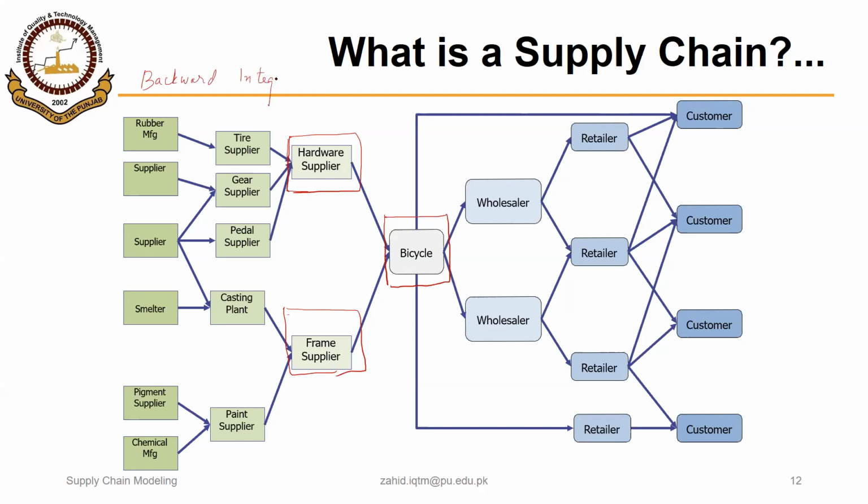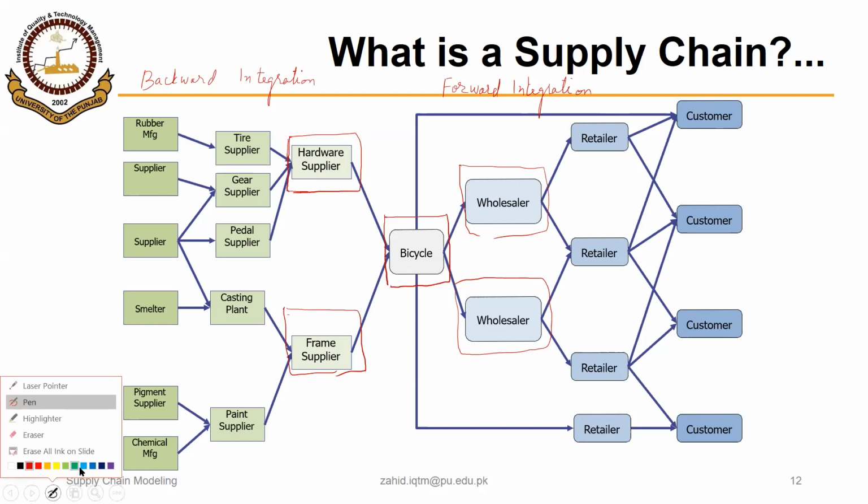And if the reverse happens, that is, the company acquires some of the activities on the downstream or starts to perform some of the activities downstream, that is called forward integration. Backward and forward integration are both examples of what we call vertical integration.